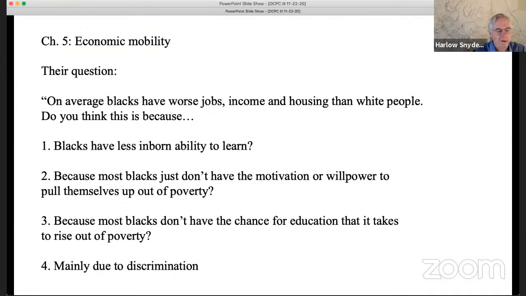So having laid out this background of history and a little bit of sociology and anthropology when it comes to these cultural toolkits, they pick out a couple of different sight lines along which they interview these 2,000 people, and then the 200 with whom they do personal interviews. So the next chapter, chapter 5, is on economic mobility.